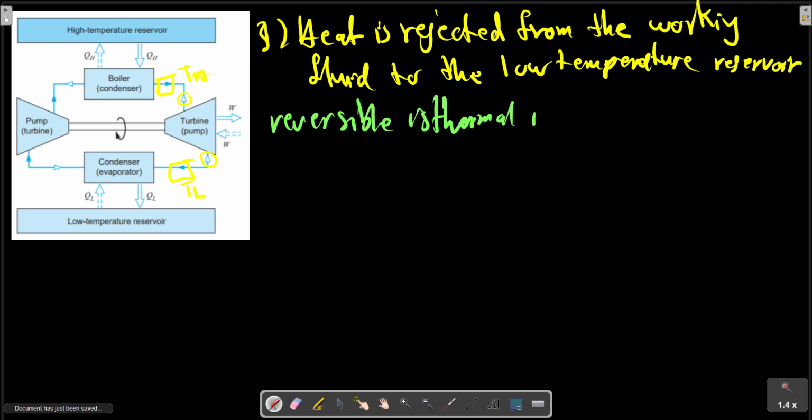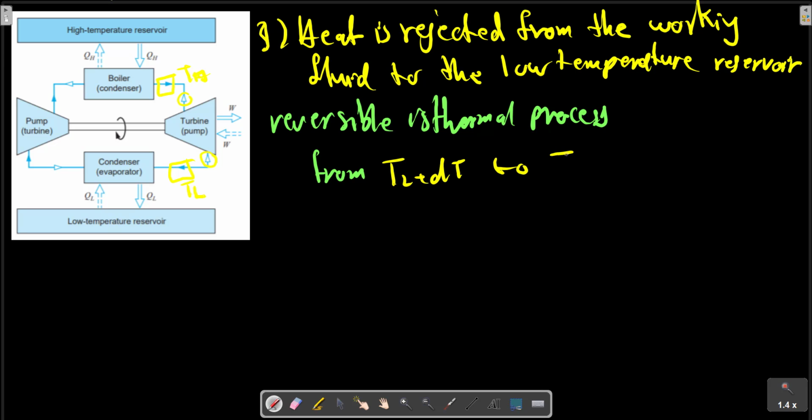The most reversible isothermal process, for example from TL plus DT to TL, at the condenser to the reservoir.